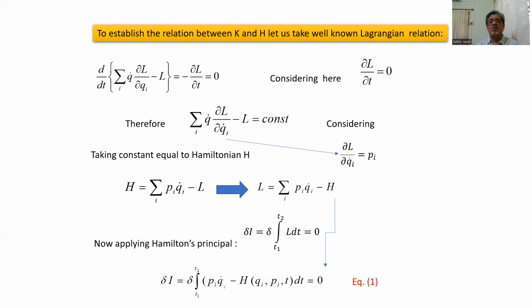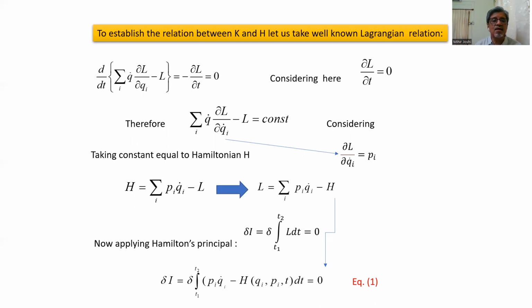Now, if we consider del L by del t equal to 0, then the quantity is a constant if you take a differentiation. Therefore, summation q dot i del L by del q dot i minus L is equal to a constant, because the derivative is 0 for a constant quantity.